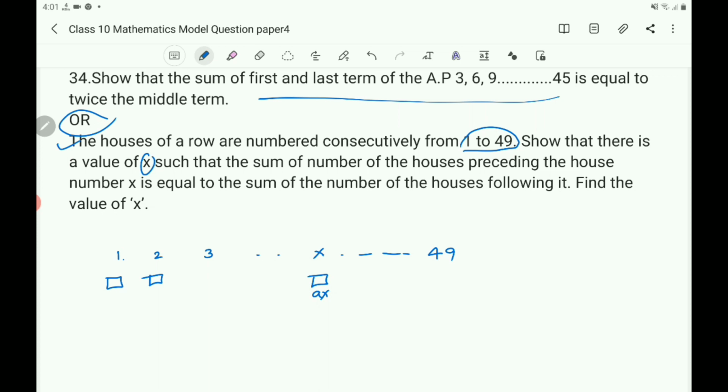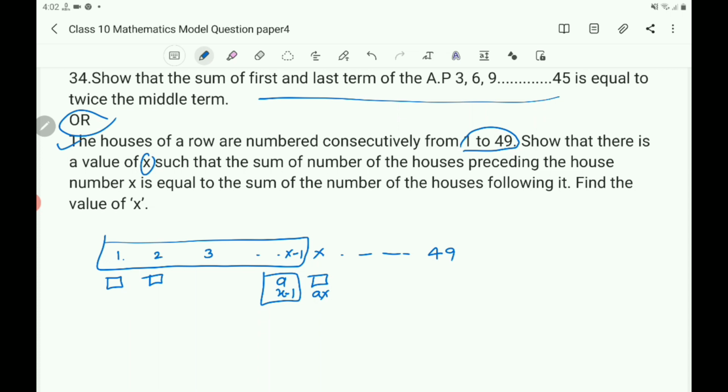And the sum of the numbers of the houses preceding the house number x means, consider here a house number x minus 1, that is Ax minus 1. And the sum of this is Sx minus 1.